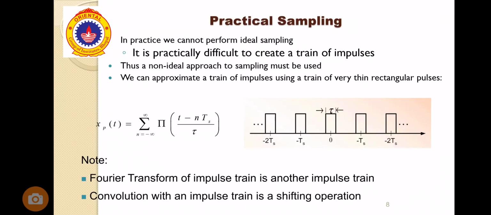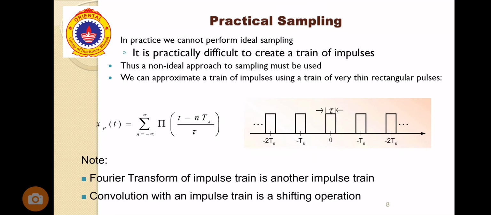Practical sampling. Ideal sampling or impulse sampling is the ideal method. In the practical method, it is difficult to create a train of impulses. ठीक है, it is not possible to create a train of impulses. It is only an ideal method.